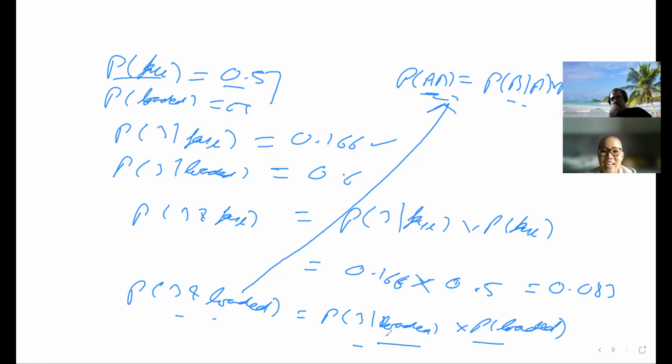What is P(3|loaded)? It is 0.6 only. So 0.6 into 0.5. Yeah, you're right. I think I'm confused because of 3 loaded and then A, B, all this stuff. I don't know where to apply.